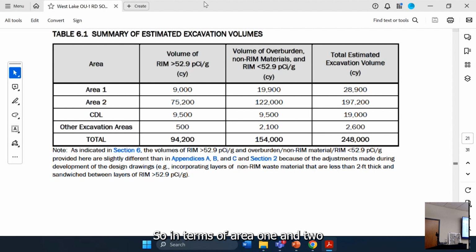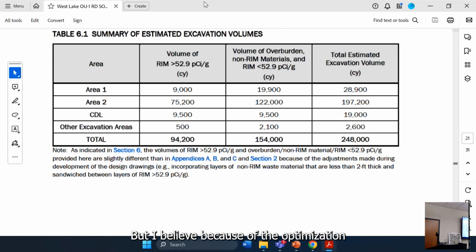So in terms of Area 1 and 2, slight increase. I think we're at about 84,000 from 77-ish thousand. So slight increase in total volume. And a lot of that is because of that new area in the CDL that will require some excavation.